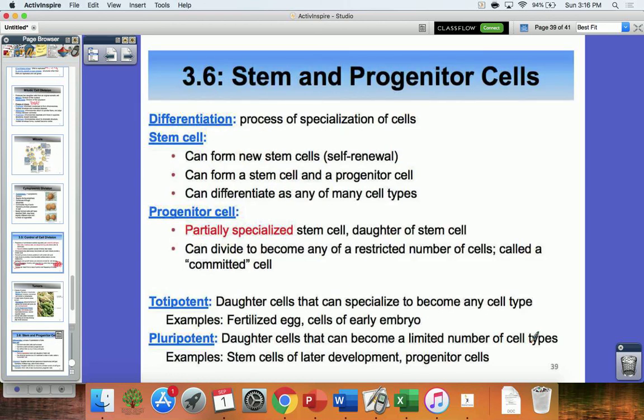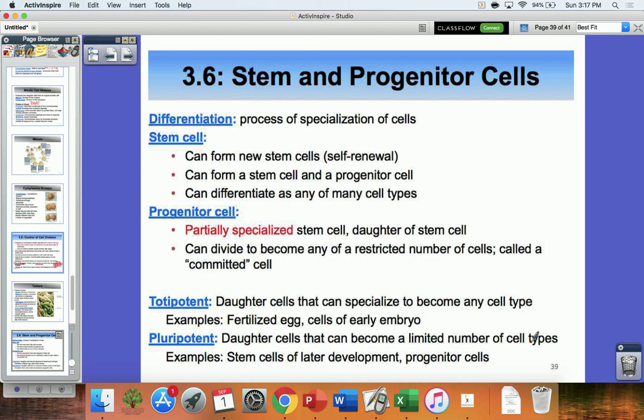And so, one of our last sections is about different types of cells that we have. We already talked about how cells are differentiated, which means that they have different functions, shapes, locations. They're different. But they weren't always that way.